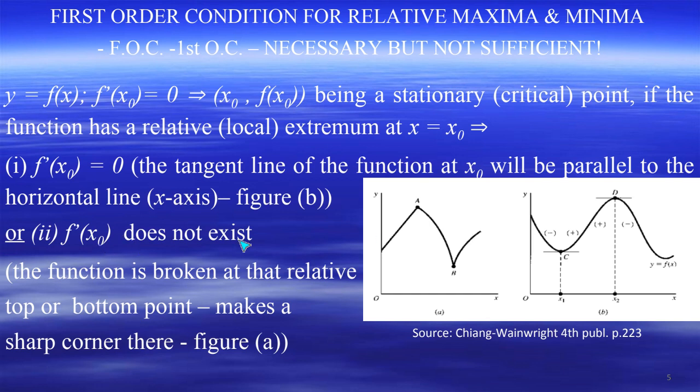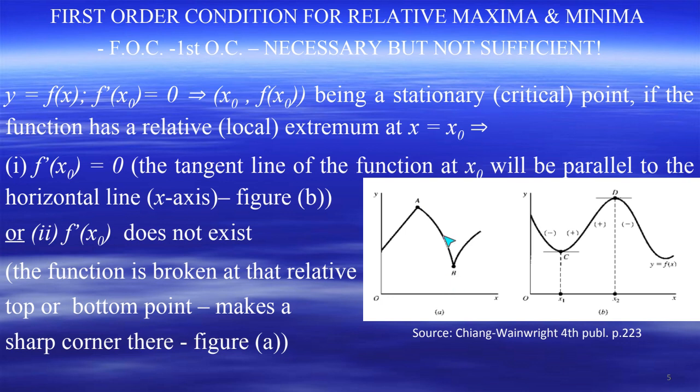f prime x0 may not exist at all. The function is broken and it makes a sharp corner at the top of the hill or at the bottom of the valley. We can have some sharp maxima and minima. As we know from chapters 6 and 7, in such cases, when there are sharp corners, the derivative from the left and the derivative from the right are different, so there is no derivative at this point.